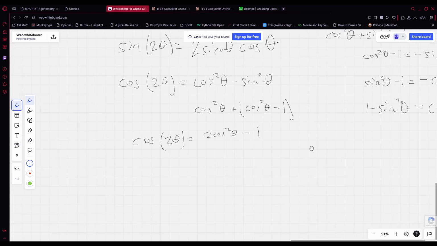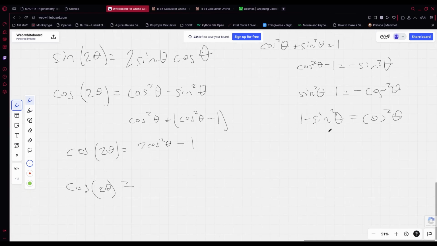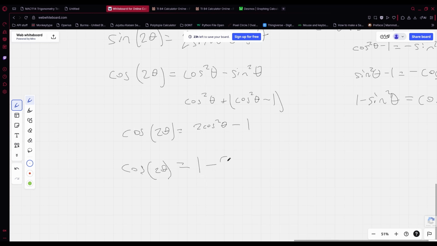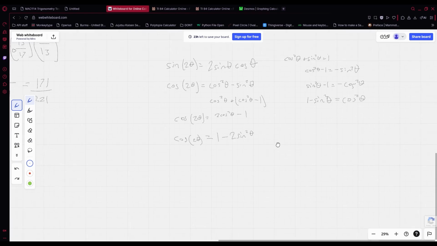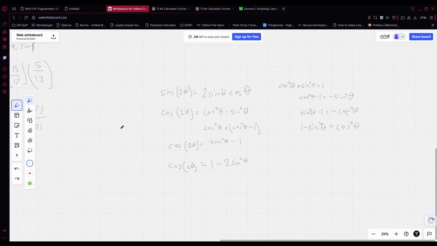Now we can substitute it. So what that'll give us is cosine 2 theta is equal to, see, cosine squared theta equals 1 minus sine squared theta. So it would be 1 minus 2 sine squared theta. So as you can see, just from this single formula, I'm able to derive these two. And from these two formulas, I'm going to be able to derive half-angle formula. I'm going to be able to derive all sorts of things. But this is important to know.